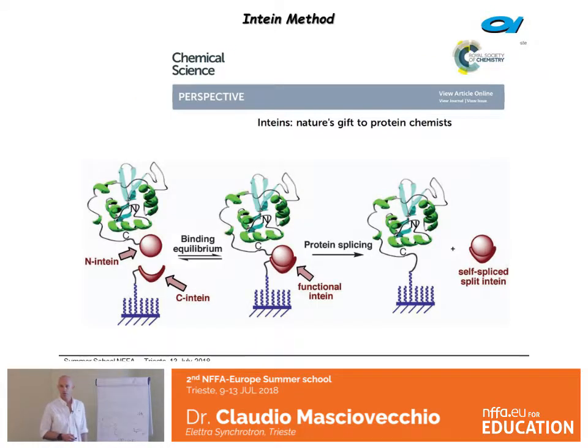Basically, we're using several methods, but one of them is this protein splicing. Basically, you can produce a protein with expression of protein. You can attach to the protein an intein. Intein is nothing else than a segment of a protein. And then you can put the other intein here. And you know that inteins produce this splicing.